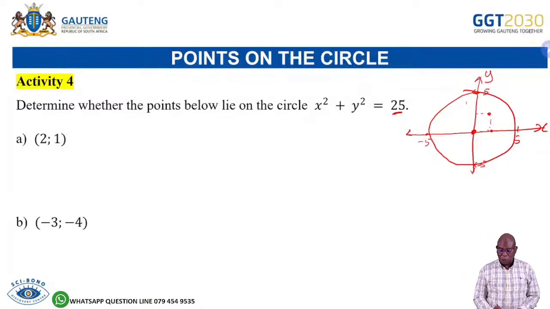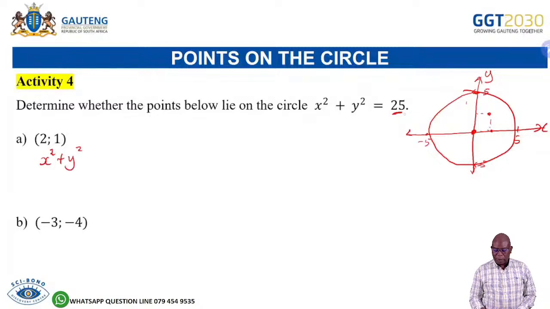So now (2, 1), how do I work that one out? For instance, if I take x squared plus y squared, this must give me 25. So let's check this. x is 2, y is 1.